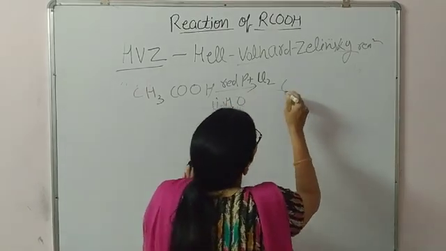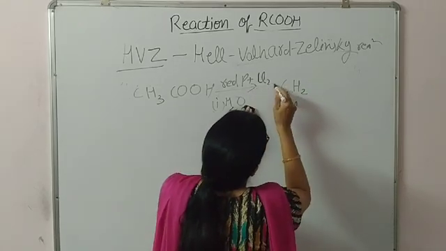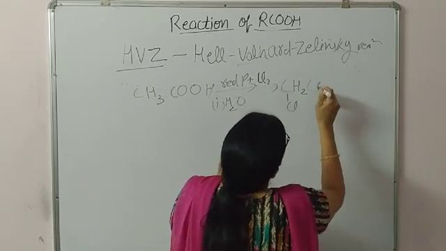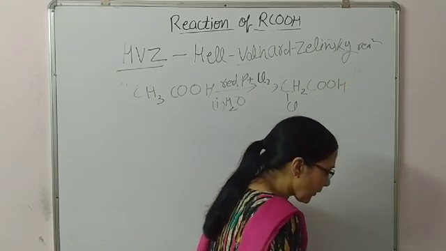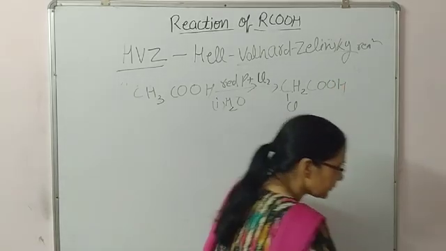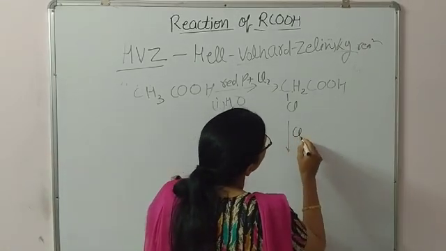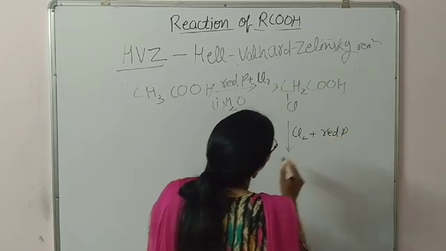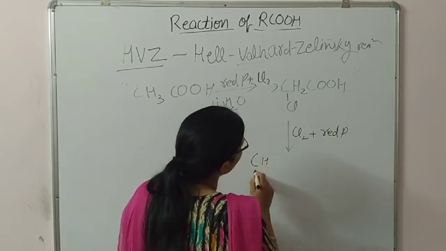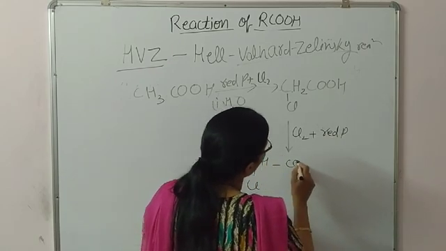First step, CH2Cl COOH will form. Second step, again Cl2 and red phosphorus is taken, then CHCl2COOH, dichloroethanoic acid, will form.